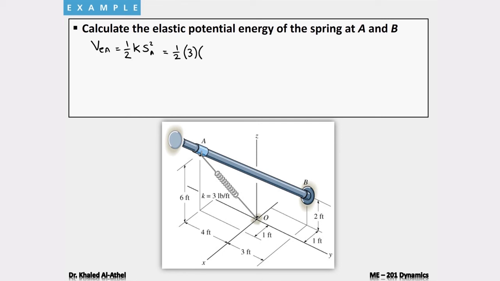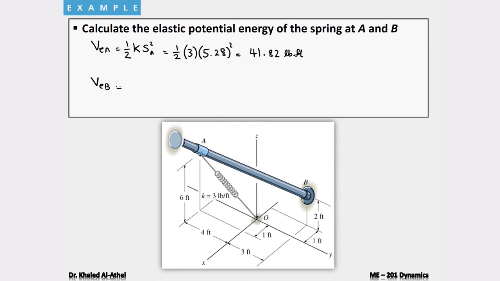And SA, we just computed that value, equals 5.28 square. This should equal 41.82 pound feet.